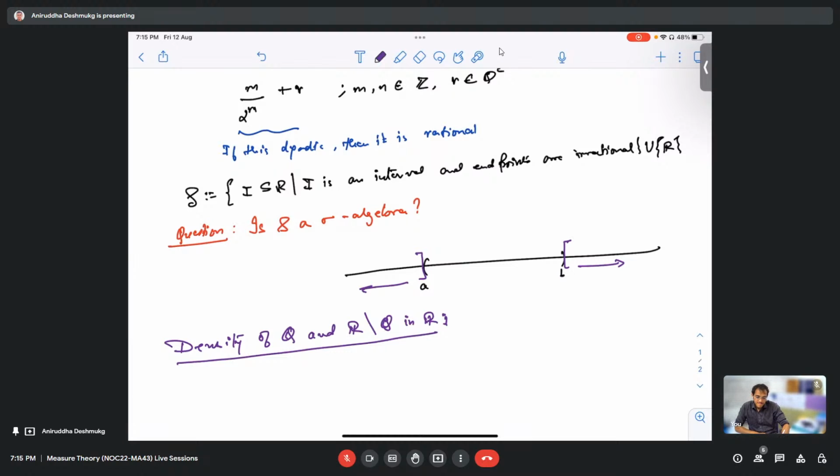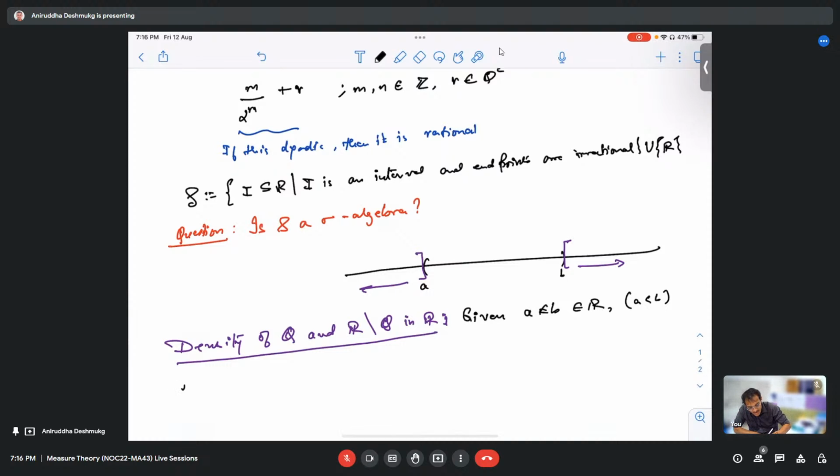But we have not studied measure, right? This is something from basic real analysis. What it says is that given any two real numbers A not equal to B, suppose that A is less than B, because if B is less than A, we can do the opposite thing.